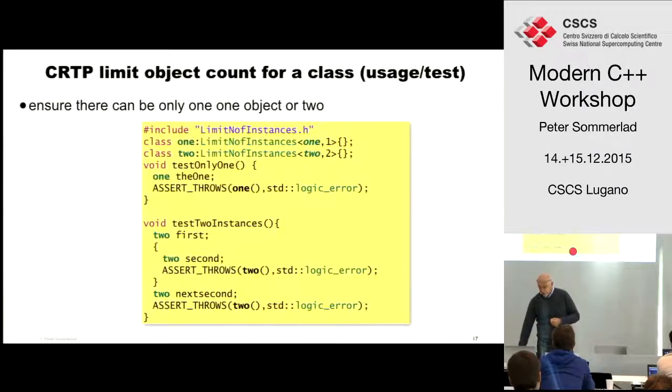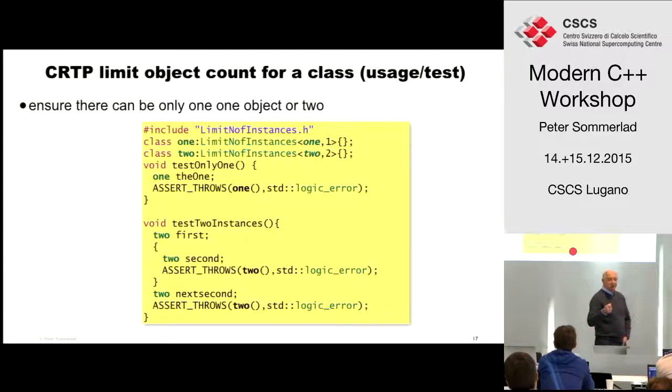How can we implement that? This is just an example. For example, we create the class One and inherit from a template class limit number of instances, where we pass our own class One plus a counter as a template argument, and it will limit the instantiation of class One to just one object at a time.